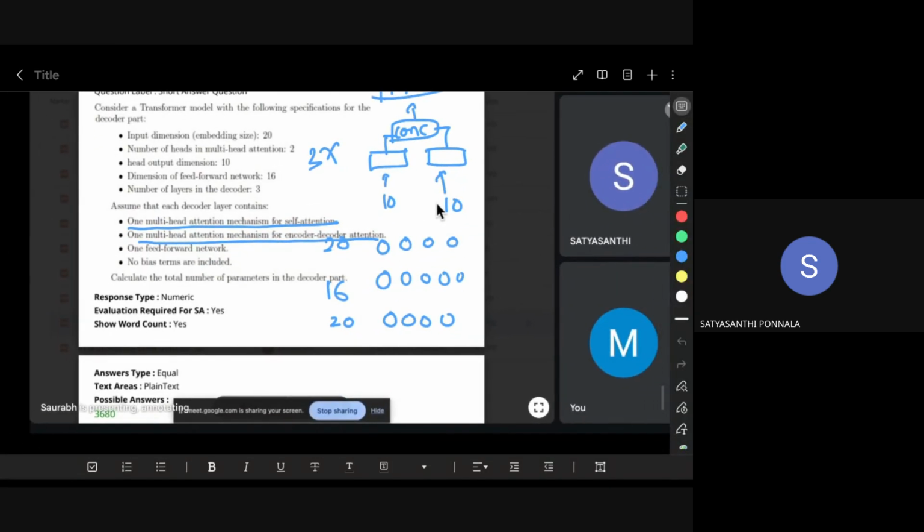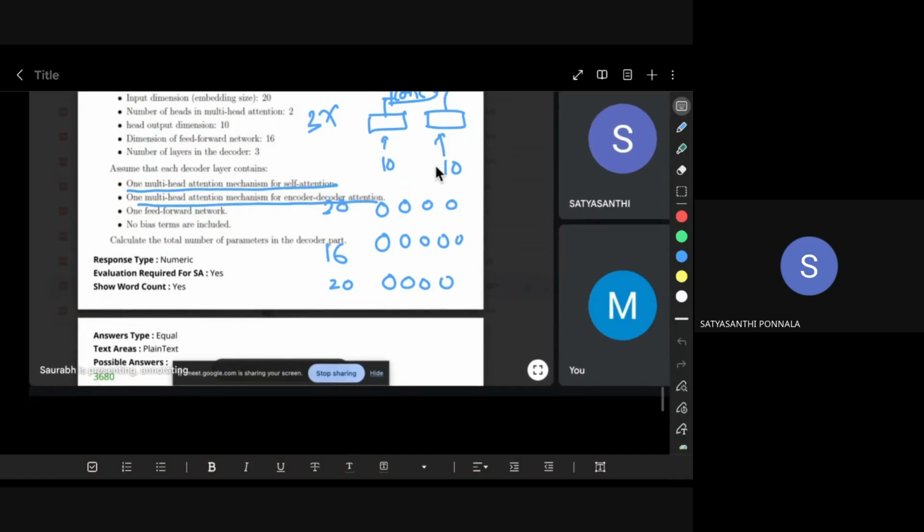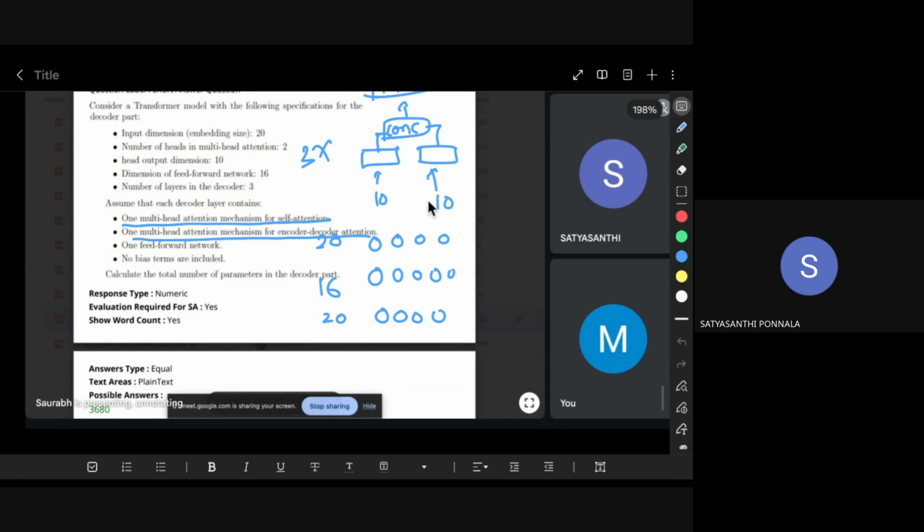Attention for encoder decoder means cross attention, right? Computation wise nothing changes, we just introduce another WQKV. That's all.